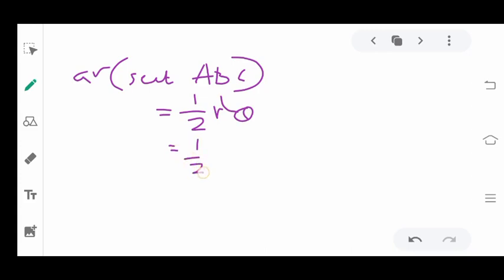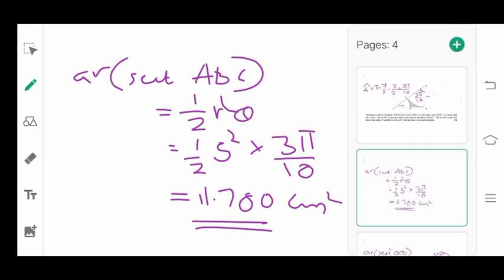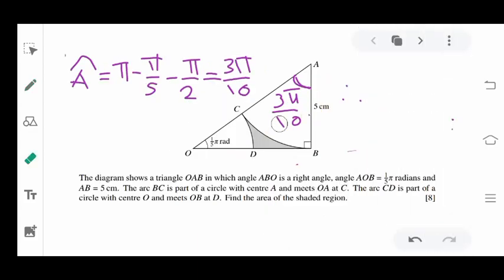That is equal to half into 5 squared into 3 pi by 10, which is equal to 11.780 centimeter square. So now we got all our required areas. Hence, we can find out the area of the shaded region.